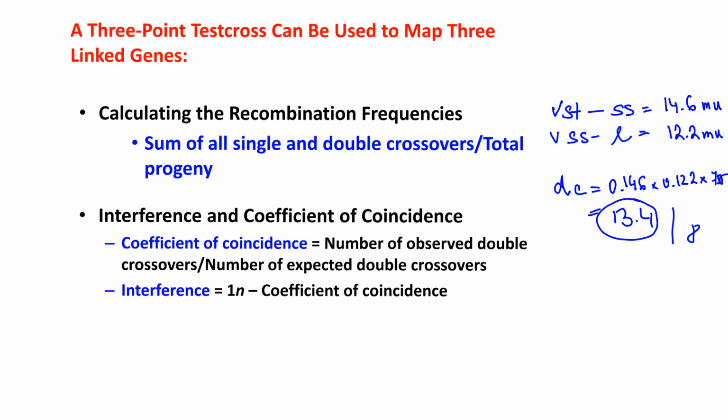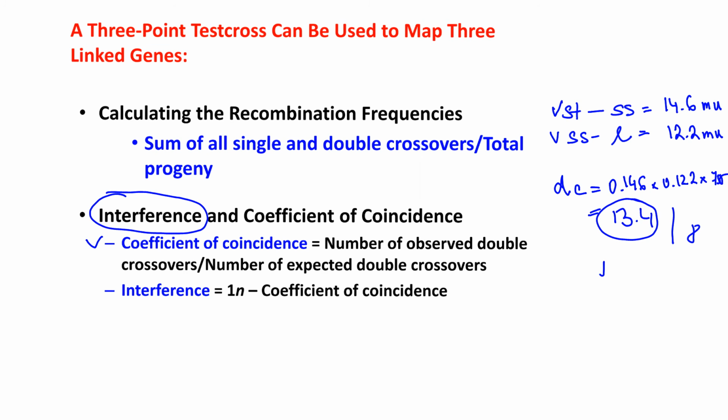To calculate interference, first you have to calculate the coefficient of coincidence. The coefficient of coincidence is a division. You divide the number of observed double crossovers, which was 8, by the number expected, which was 13.4.